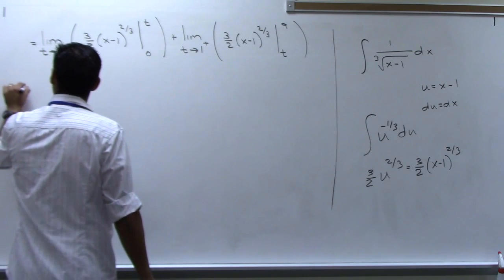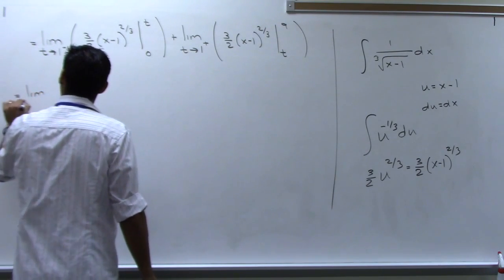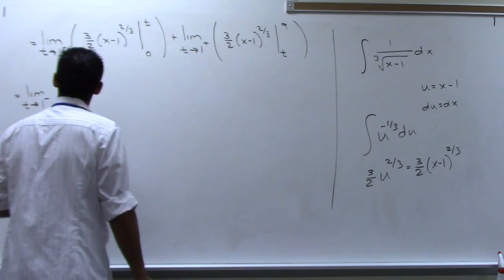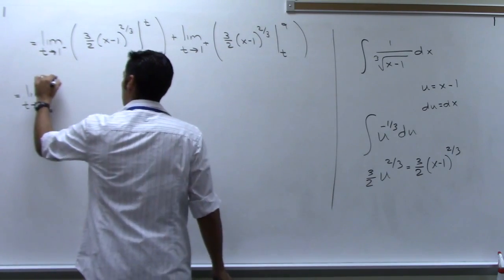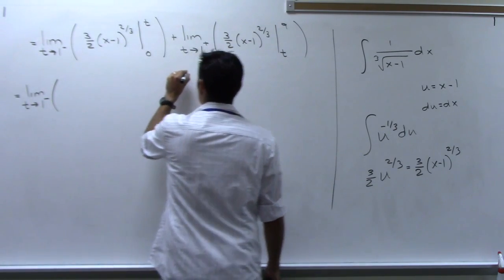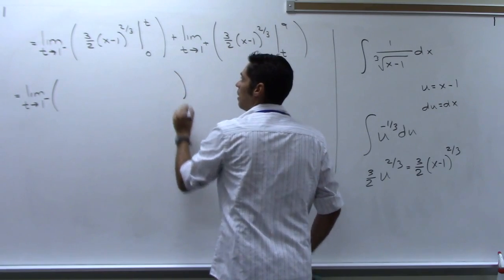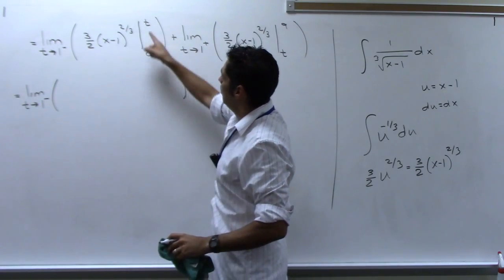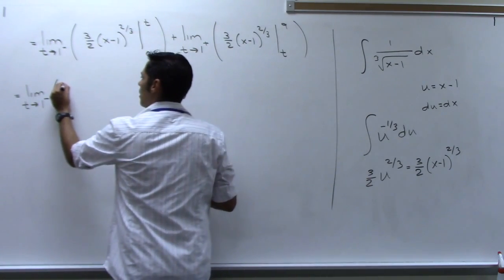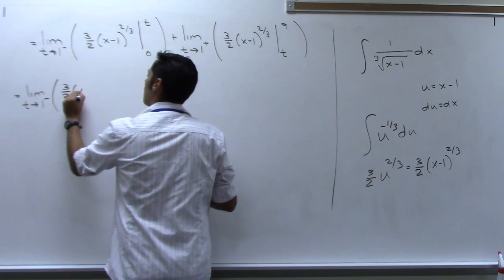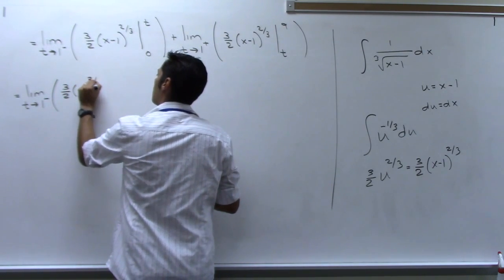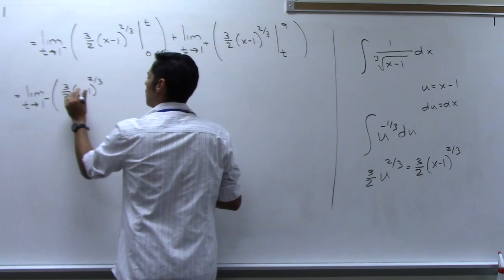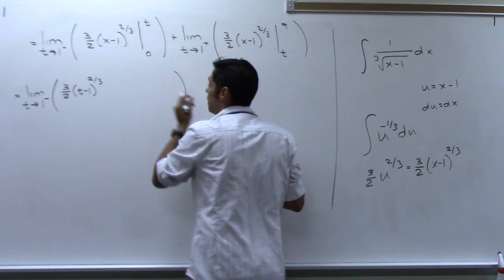This is limit t approaches 1 from the left, I'm sorry, of two things here. Let's see if I can squeeze these in right here. I'm going to plug t in first, which doesn't change anything. T, sorry. Then I'm going to plug in 0.